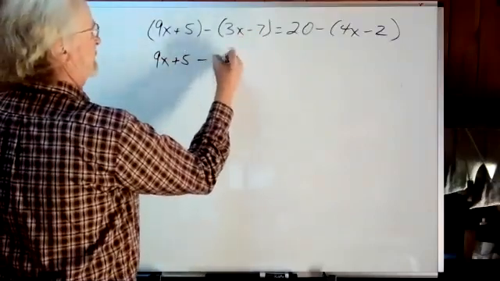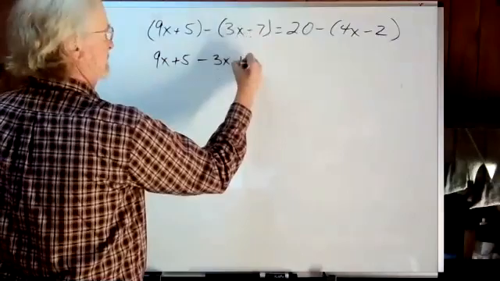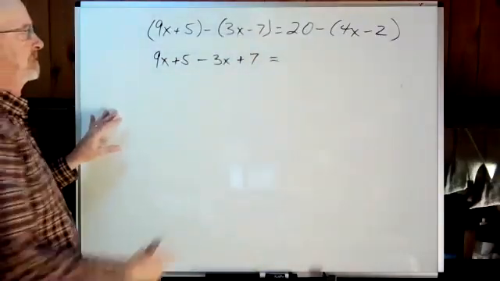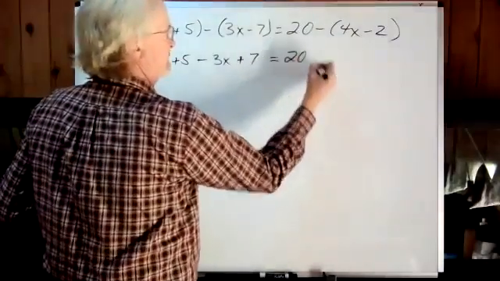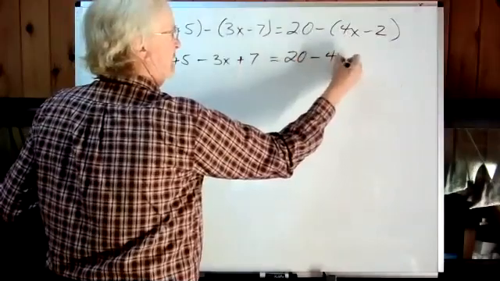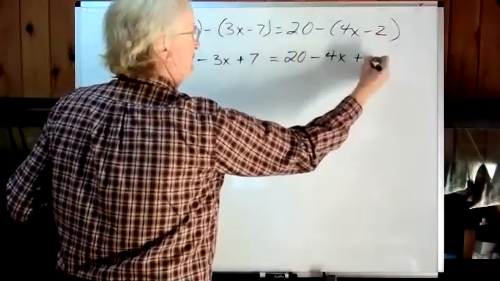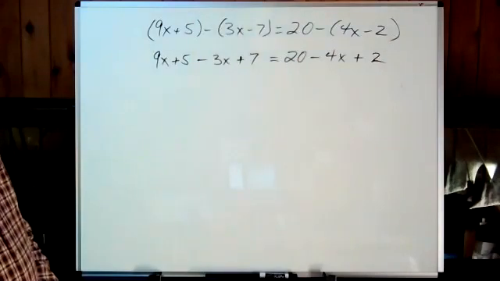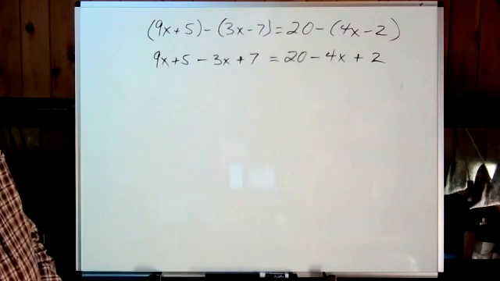Negative 3x, negative times negative, and positive 7. 20 is just there. And again here, negative times both of those. Negative 4x, negative is plus 2. And that's what that example was all about, primarily, is distributing that negative sign.